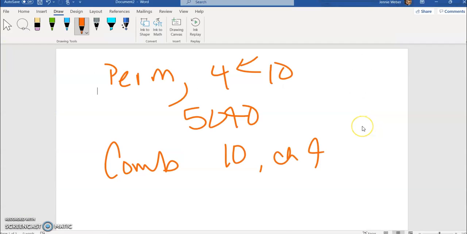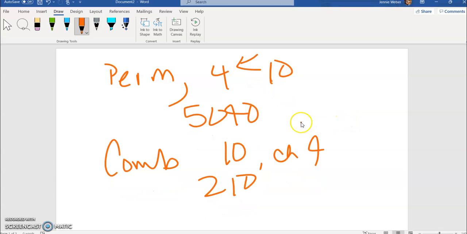And you can see I only have 210 options because there's a lot less, so I don't have to repeat. So permutations are going to often have a lot more options than combinations because when I don't have to reorder them, I'm throwing a lot out.